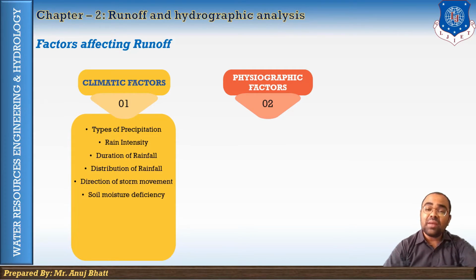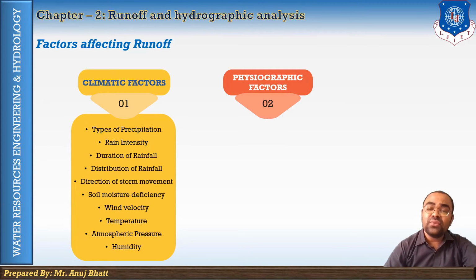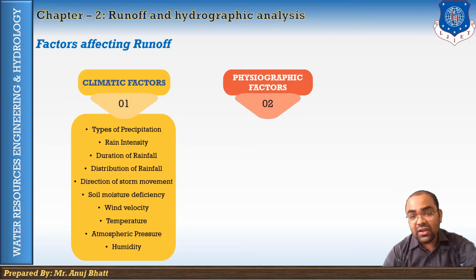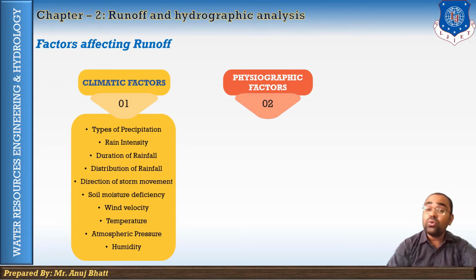There are some other climatic factors also, such as wind velocity, temperature, atmospheric pressure, humidity, also radiation and the vapor pressure. Higher temperature and higher wind velocity cause more losses due to the evaporation.